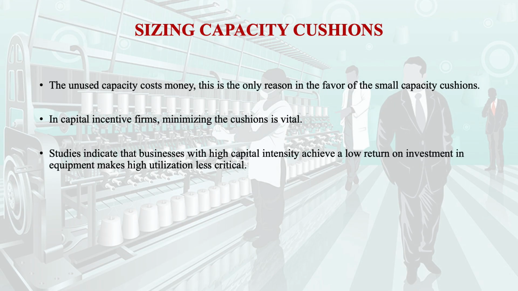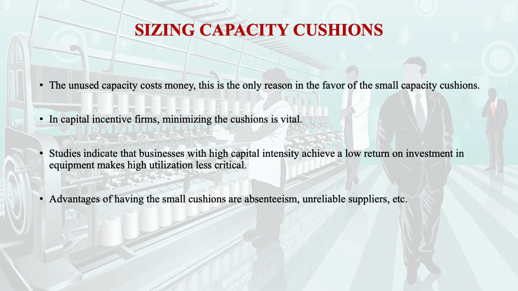There are several studies which indicate that businesses with a high capital intensity achieve a low return on investment in equipment, which makes high utilization less critical. The advantage of having small cushions is, for example, you can avoid absenteeism and unreliable suppliers.